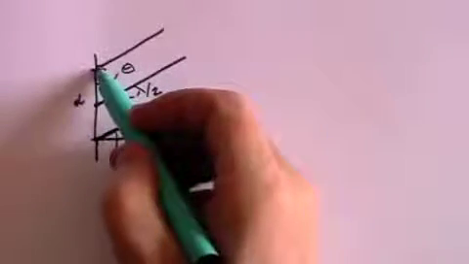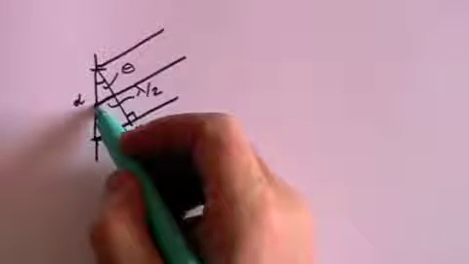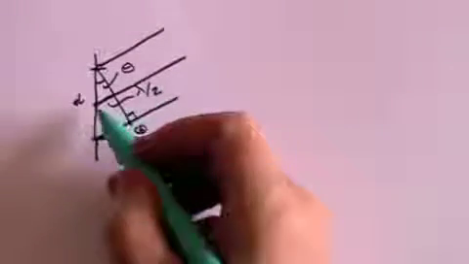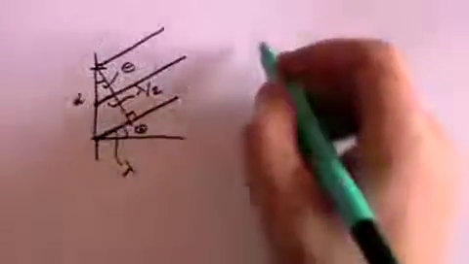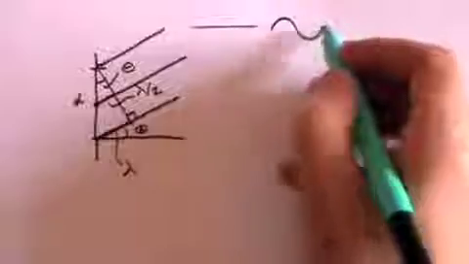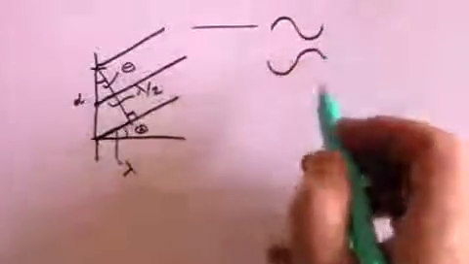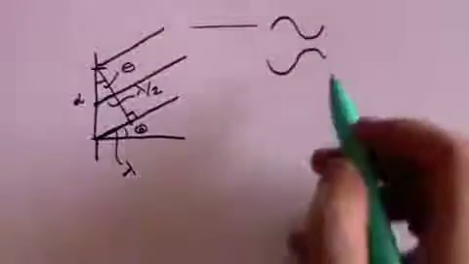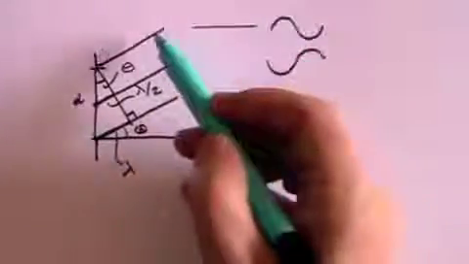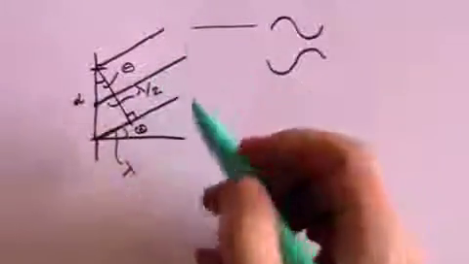The light that comes from the top of the slit and the light that comes from the middle of the slit will be half a wavelength out of phase. In other words, this light looks like this, this light looks like this, and by superposition, the two will cancel each other out. So that light beam cancels that light beam.